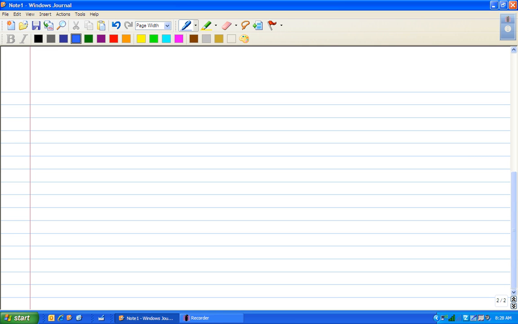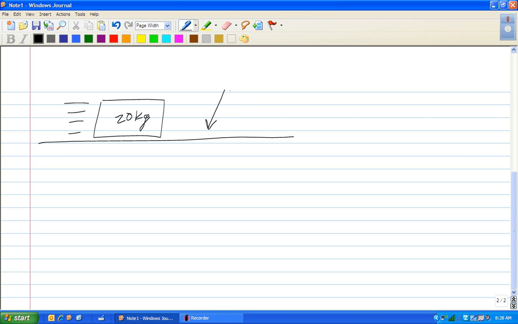Hey, so let's work another similar problem then. I have a 20 kilogram block that's sliding across a frictionless surface at 7 meters per second.